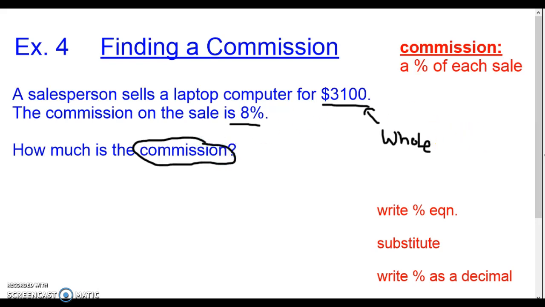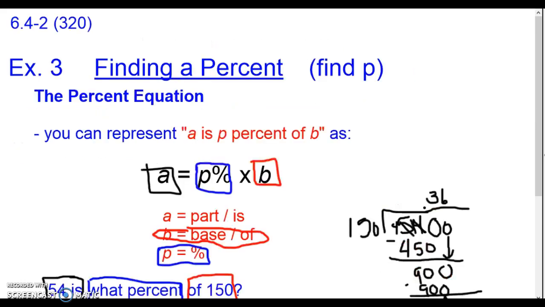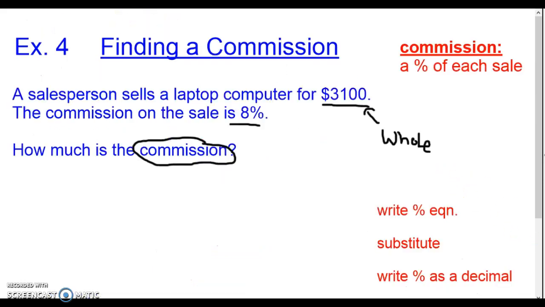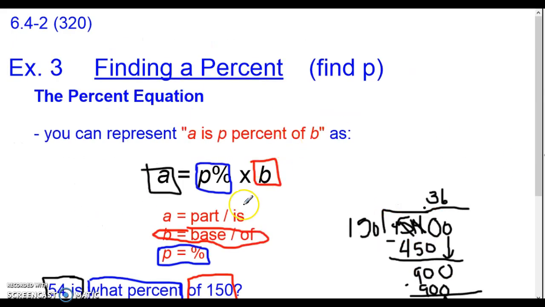So when you go back to your equation, we know that our A is our part. So A equals P% times B. And our A is our part, or our "is," and our B is our whole.